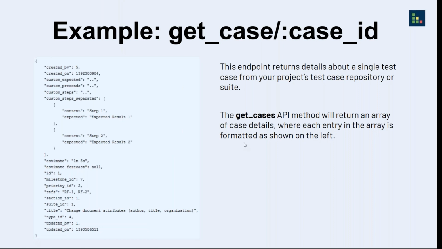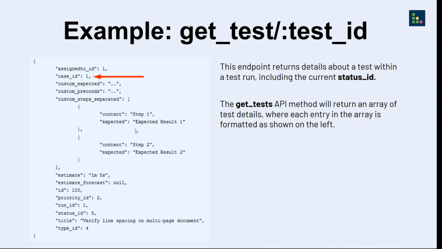Looking at a test, the get test endpoint, since each test is tied to a test case, you can see I've highlighted the case ID is included in the get test response. So the test itself does not return all of the data that would be returned by the get case method, but it returns the data for this test within the test run.